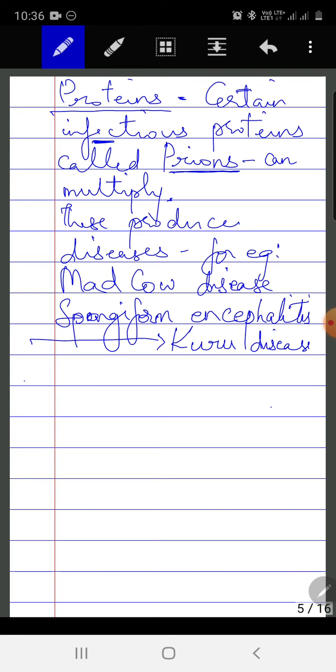There is another name, on the name of scientists, CJD, Creutzfeldt-Jakob disease. This is caused by prions.